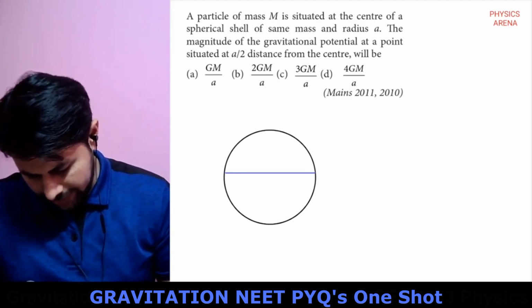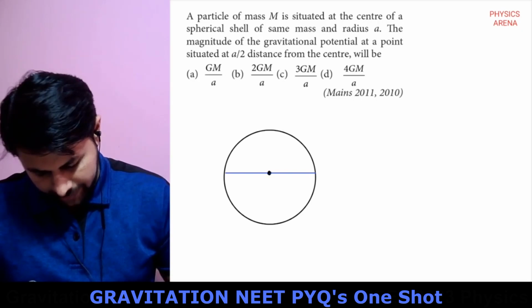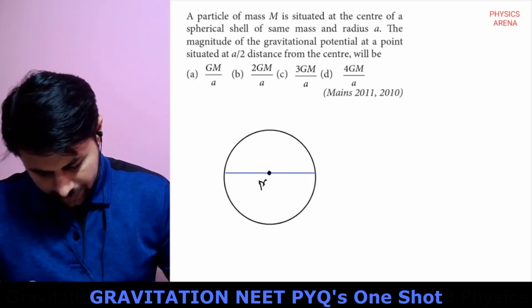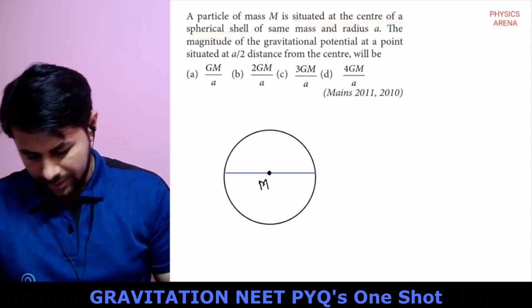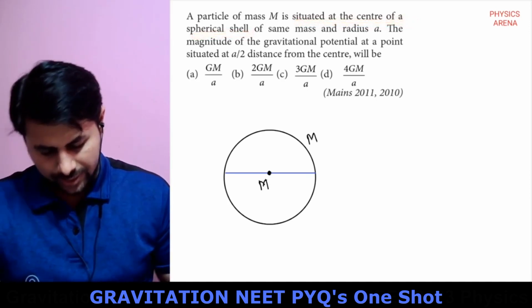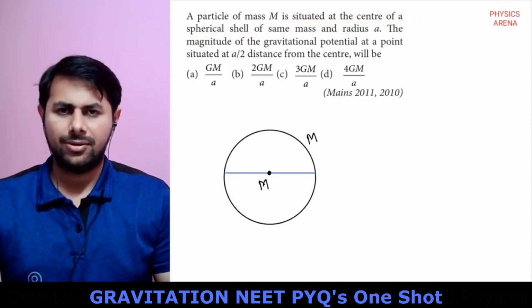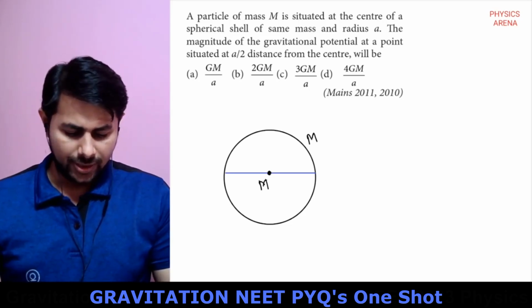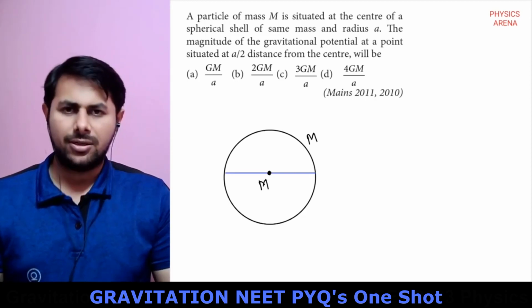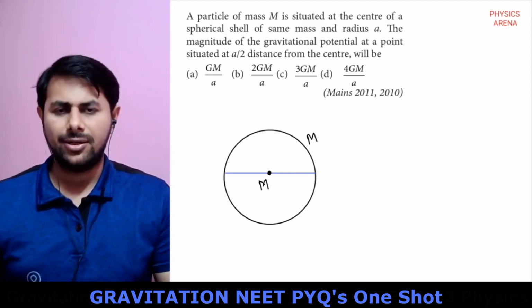There is a mass m situated at the center of the spherical shell, and the mass of the shell is also m. Okay. So now see, the gravitational potential inside the spherical shell is constant.